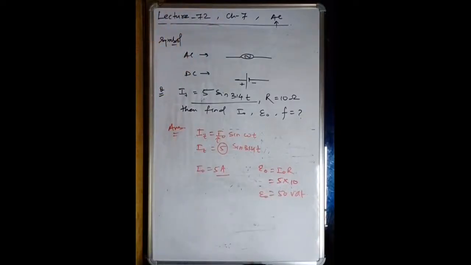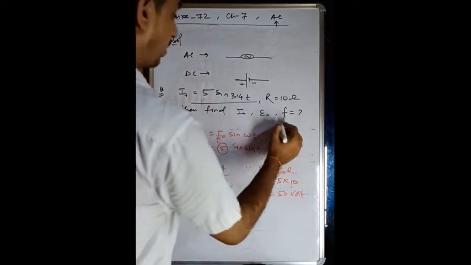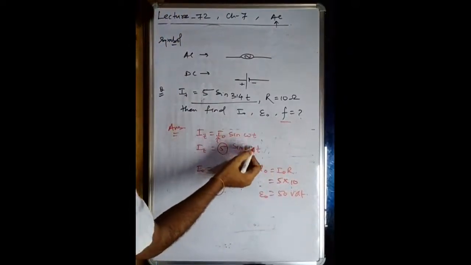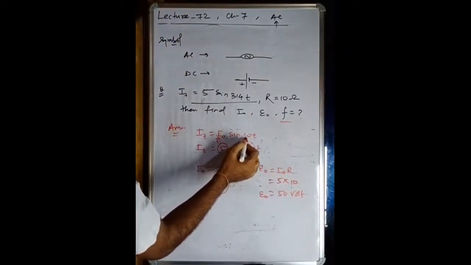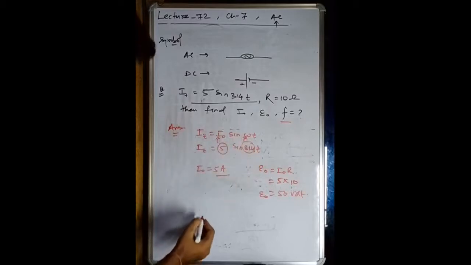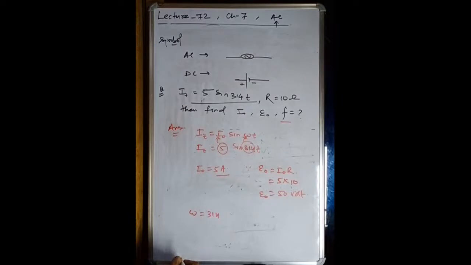This is the voltage. Now for the value of frequency, if we correlate, this will be the omega. It means omega is 314, it is given, and we know that omega is 2 pi f, so 314 equals 2 pi f.